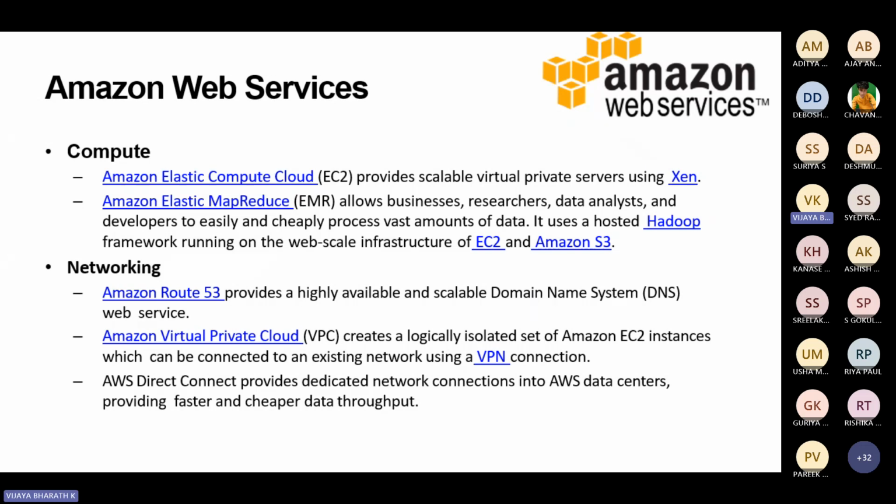Route 53 lets you set up a domain name web service. Let's say you're hosting your website to the outside world. If you want to host a website, you need two things. One is the domain name service, which is given by GoDaddy or some hosting provider available in the market. A lot of hosting providers are currently available in the market.